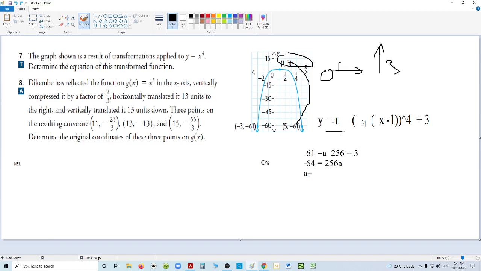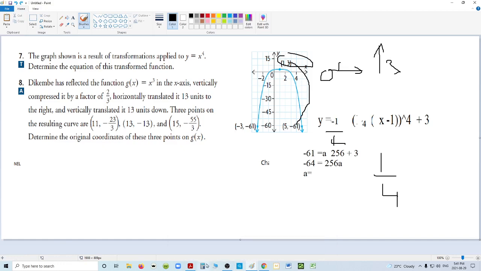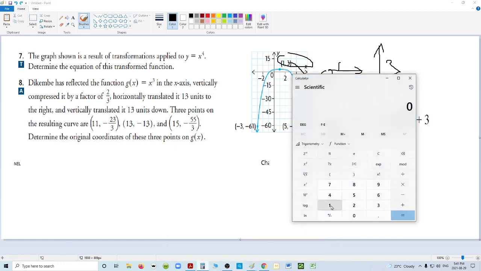That's pretty confusing for you, I know, but it's as if the 4 got cubed and then came out, and it came out as a quarter. So when you find the cube root of a quarter, I don't want to make it too hard. So you have a quarter, and you find the cube root of it.